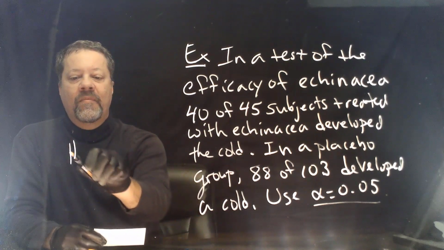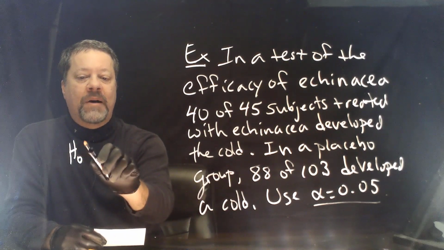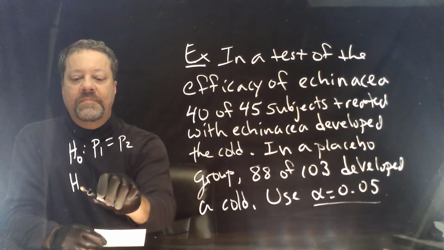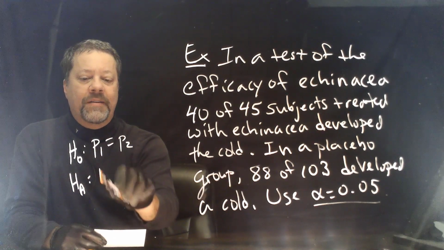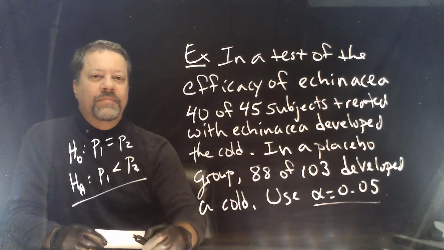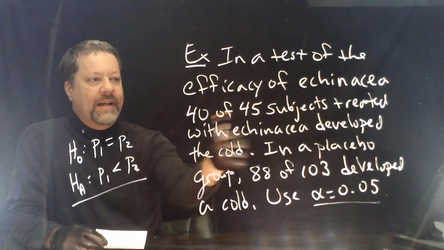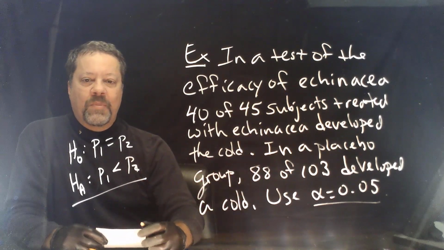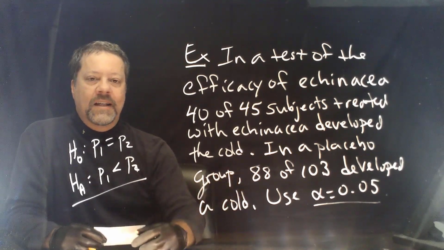So the null hypothesis is that the proportions are the same. The alternative hypothesis will be proportion 1 is less than proportion 2. So the proportion getting the cold, taking echinacea, is less than the proportion who did not take echinacea.